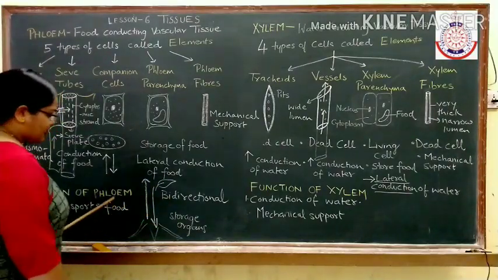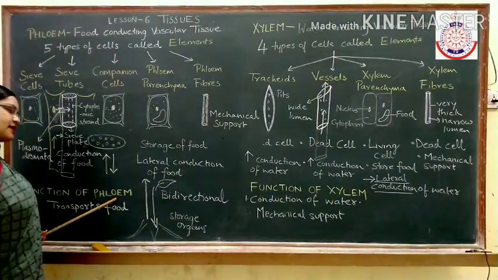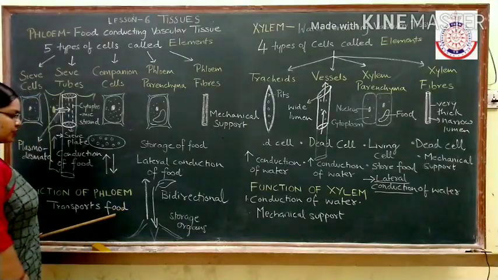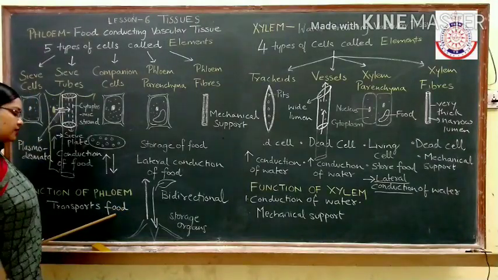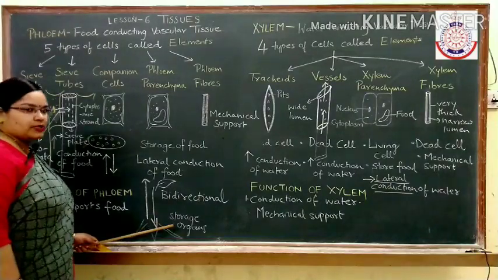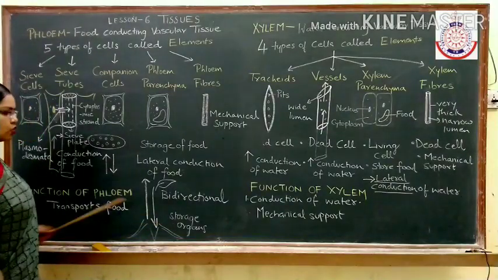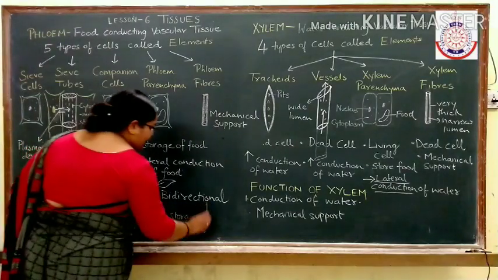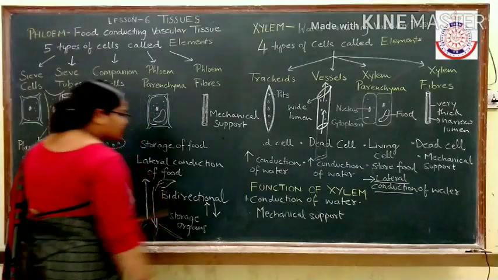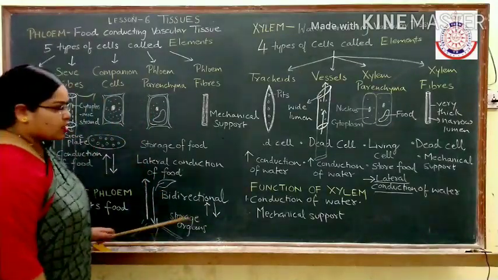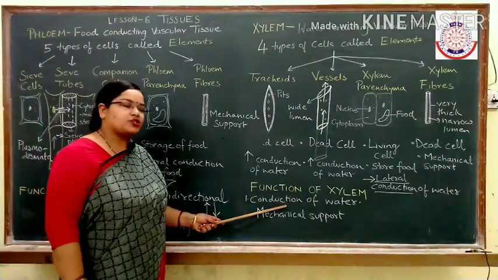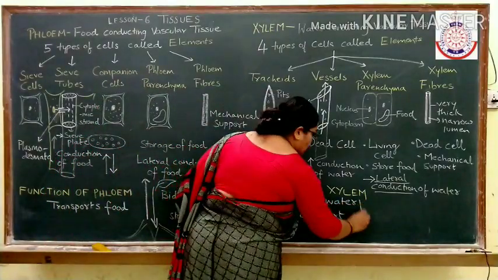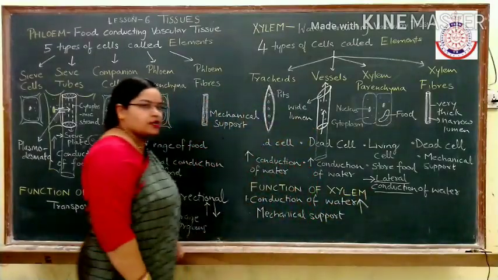So the phloem helps in the transport of food synthesized by the leaves and stored in the storage organs, and during adverse conditions, the stored food is utilized by the plant. So bidirectional movement of food takes place, meaning upward as well as downward movement of food takes place. Whereas in xylem, conduction of water takes place only in one direction, that is only upward movement of water takes place.